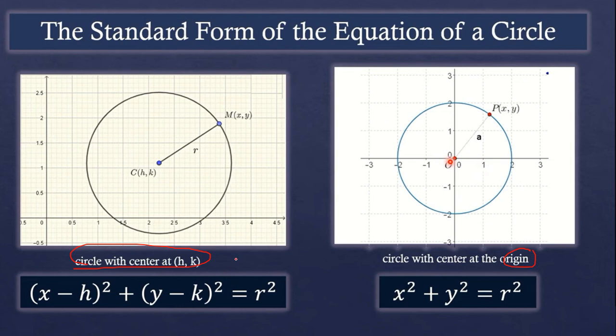Kapag HK po ang ginamit, ibig sabihin may laman yung kanyang ordered pair. But origin ang ginamit, ibig sabihin 0, 0. Just like in rectangular coordinate system, when we say origin, what are the ordered pair? When it comes to rectangular coordinate system, we're talking about origin. 0, 0 lang yon.